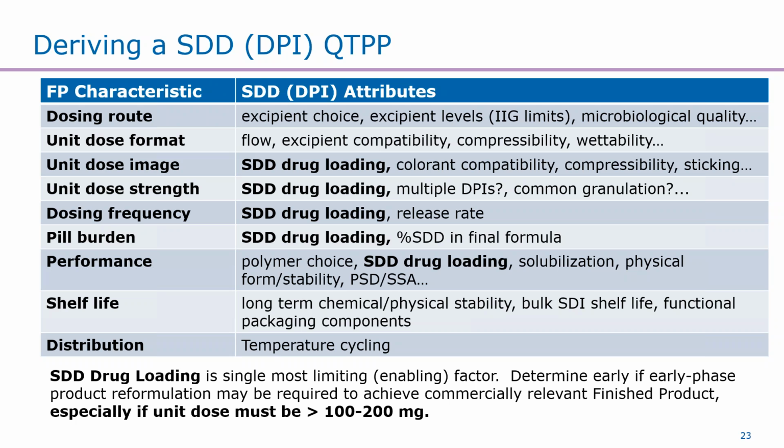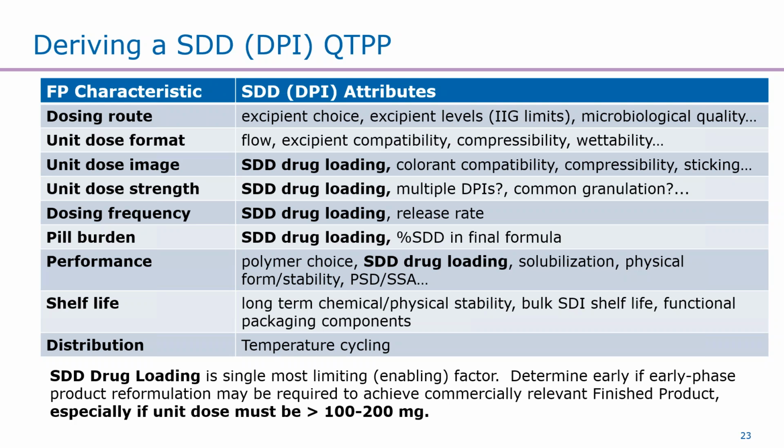Unit dose image, drug loading, color compatibility, compressibility, sticking. Unit dose strength, again, drug loading, the potential for multiple drug product intermediates, common granulation approaches, dosing frequency, again, drug loading and release rates, pill burden is, again, drug loading, and then also percent SDD in your final formula, whether it be a tablet or capsule.